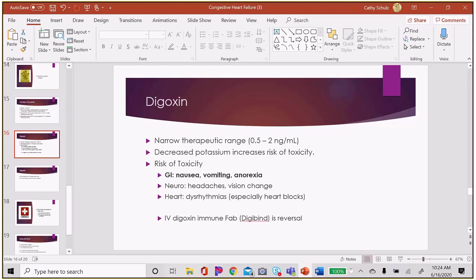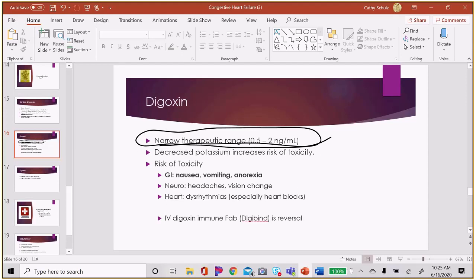However, it is kind of a dangerous medication in that it has a very narrow therapeutic range, and this is one of the times where you have to memorize the therapeutic range. So it's 0.5 to 2 nanograms. That's a very, very tiny amount. If we are too low from that therapeutic range, then the person will still have symptoms of heart failure.